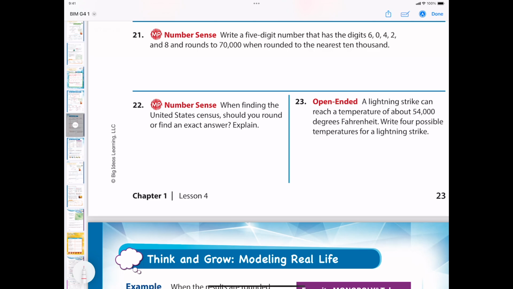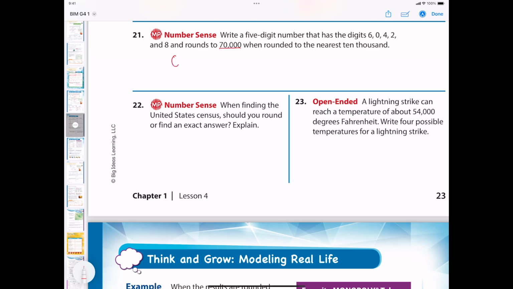All right, number 21, write a 5-digit number that has the digits 6, 0, 4, 2, and 8, and rounds to 70,000. Round it to the nearest 10,000. Okay, it can be very tricky, maybe not. We'll see. All right, 6 rounds to 70,000. Okay, so maybe we can play around. It can be 8 or 0, 4, 2 in the 10,000s place, okay?